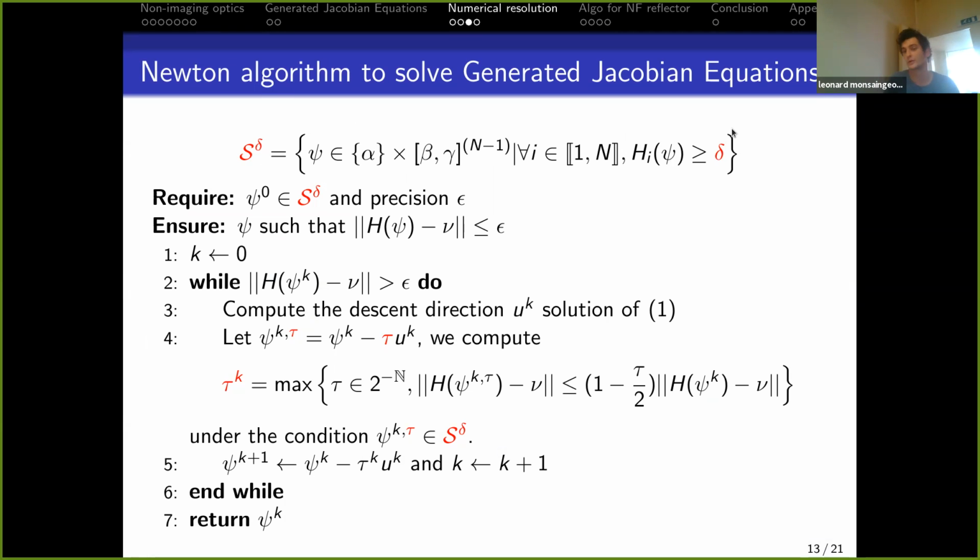Numerically, obviously, we need to impose that there is always a little mass. We cannot have just strictly superior to 0, so we need to impose a little mass in each cell.